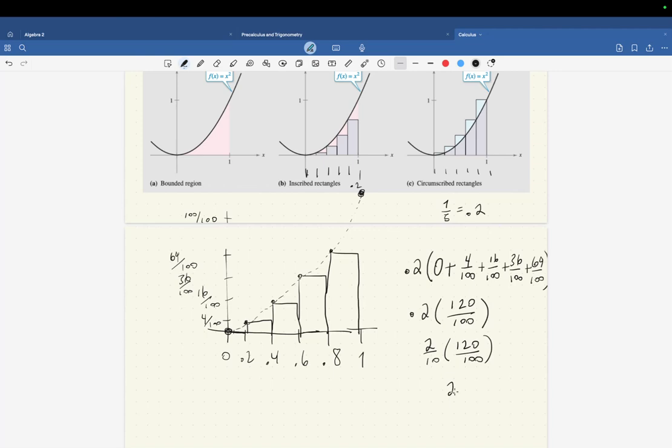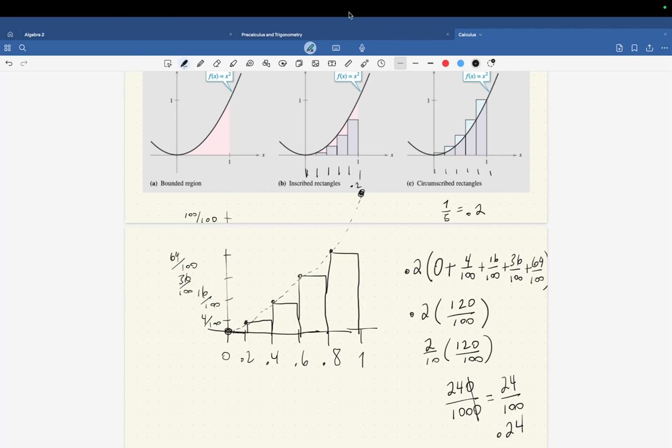And this gives us 240 over 1,000. I'm going to take out one of these zeros here, so we get 24 over 100, which is the same thing as 0.24. So notice that if I have 1 way up here, that would be 1 whole. And so we're much less than that. We're actually just under a quarter of that.